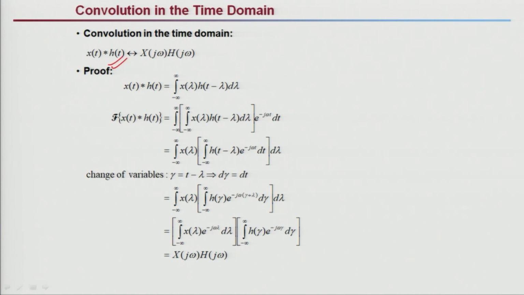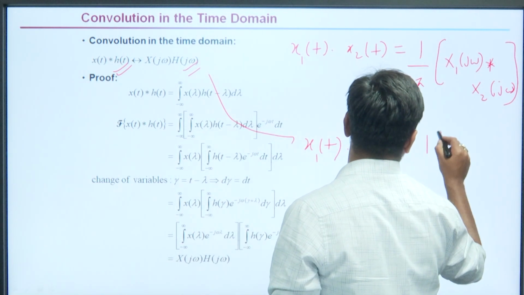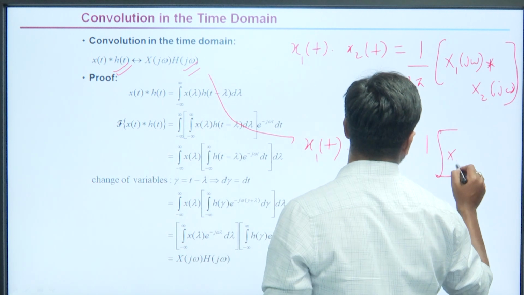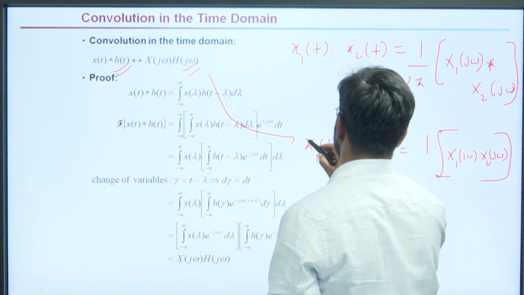I am writing both properties together: x1(t) times x2(t) corresponds to 1 upon 2 pi, X1(j omega) convolved with X2(j omega), and x1(t) convolved with x2(t) corresponds to X1(j omega) times X2(j omega). You have to remember both results.